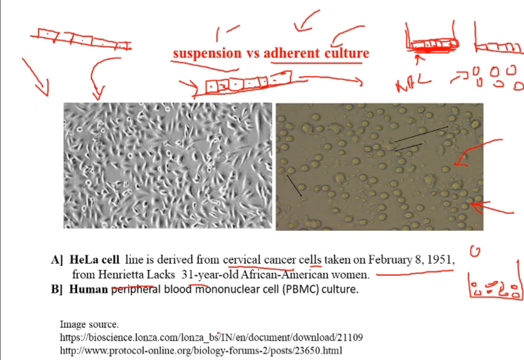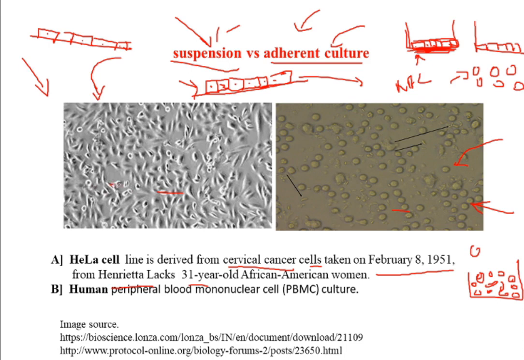When you culture WBCs, the B cells and T cells, they are not associated and not adherent to anything, because their very nature is to be in circulation. Such a culture is called a suspension culture. So this is an example of suspension culture, and this is an example of adherent culture.